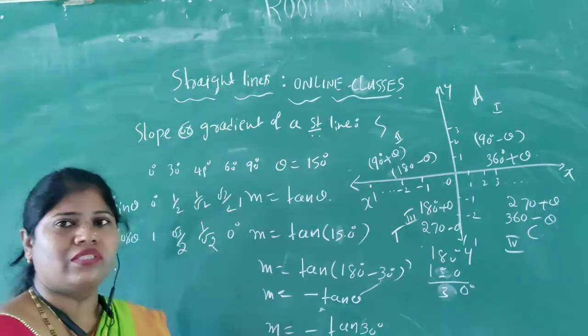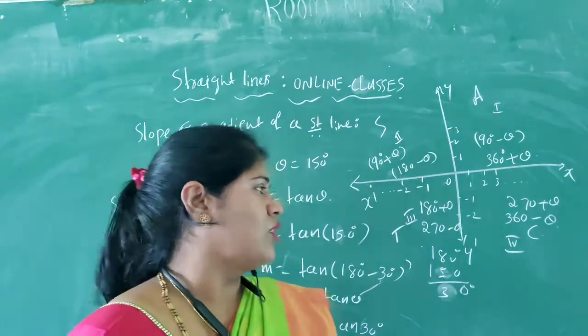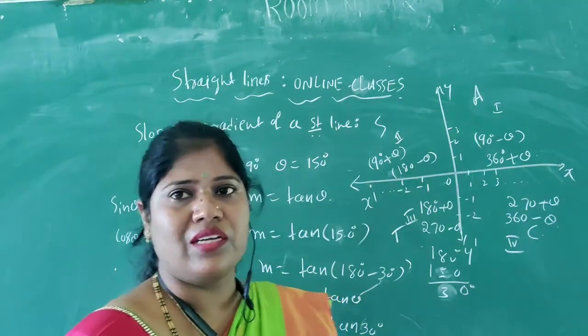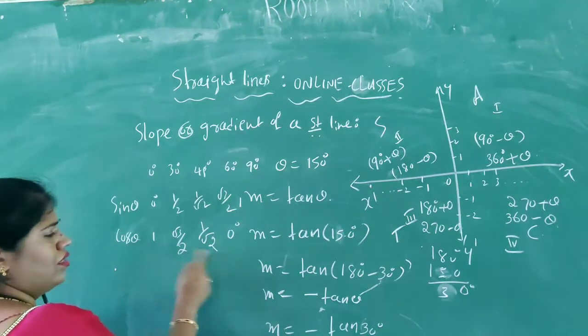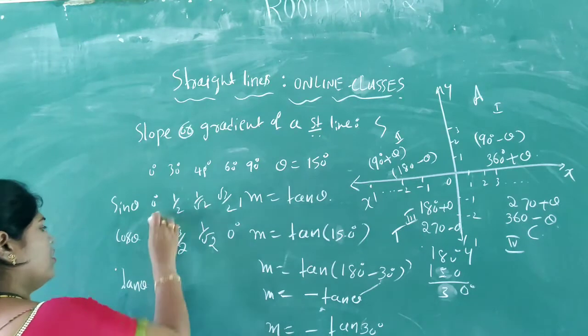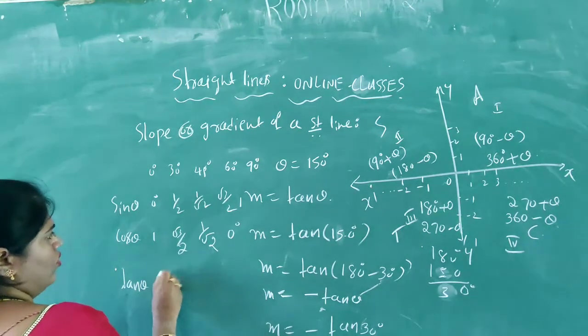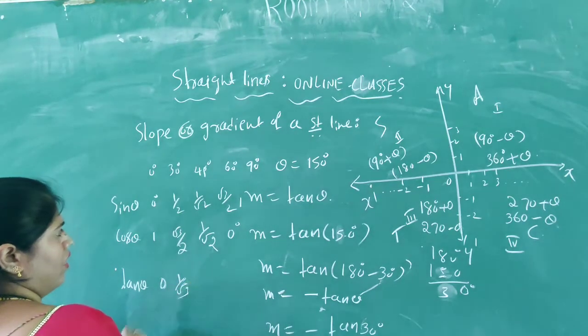We know that sin theta divided by cos theta is equal to tan theta. So tan theta is nothing but sin theta divided by cos theta. If we do this, tan theta is also going to be easy. 0 by 1 is 0. Then the 2s get cancelled and you get 1 by root 3.